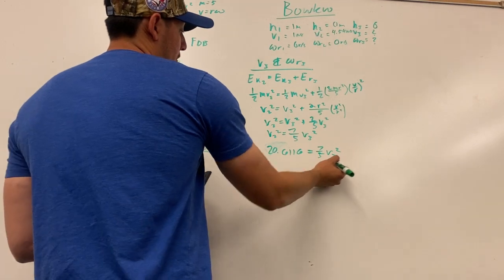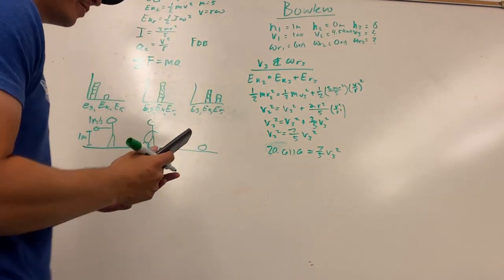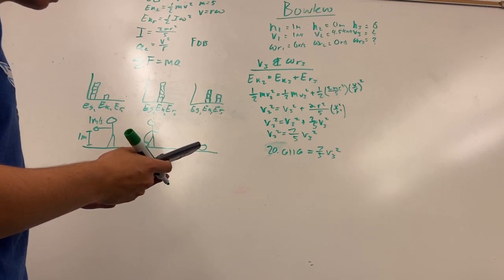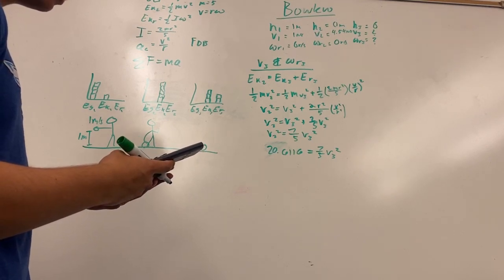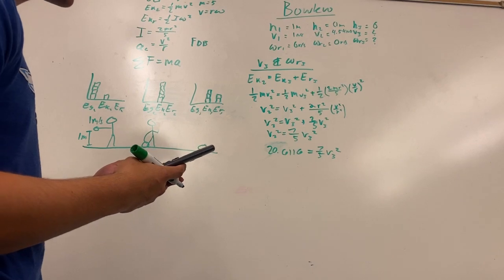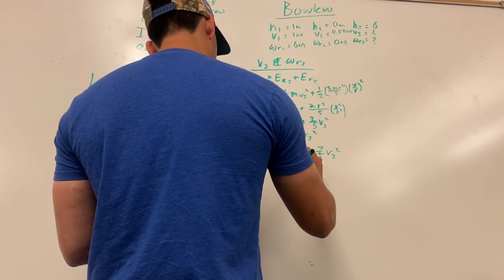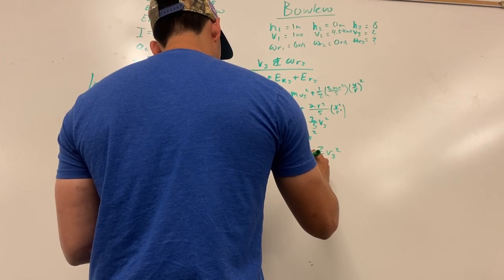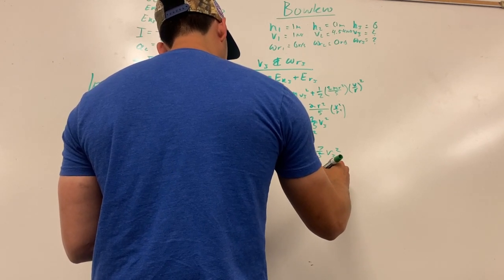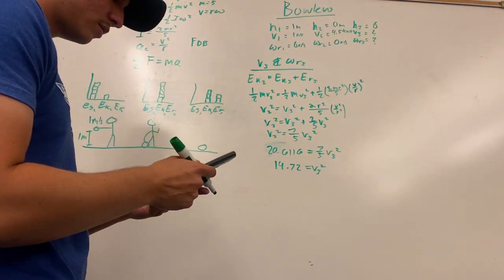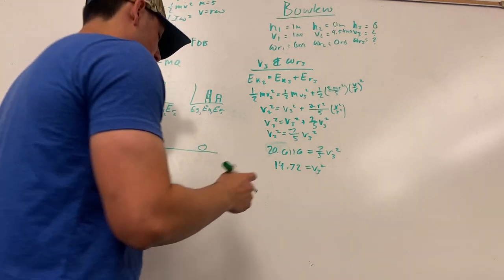Multiply by the reciprocal to get rid of that. So it'd be 20.6116 times 5 divided by 7. And then we should get something like this. Take the square root of each side, we get 3.84.